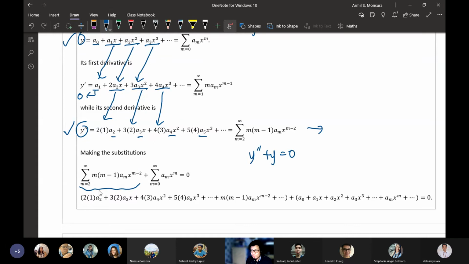Although, hindi nyo makailangan siyang isulat dito, pero this is a more compact way of representing it. Pero ang importante talaga, ang makuha nyo, ito, yung talagang series niya. Okay? So, this is y double prime. All of this is y double prime. While this one is y. So, ito yun. Okay? Malinaw?